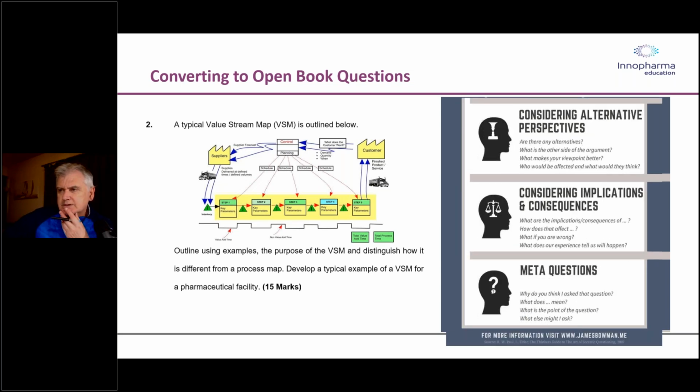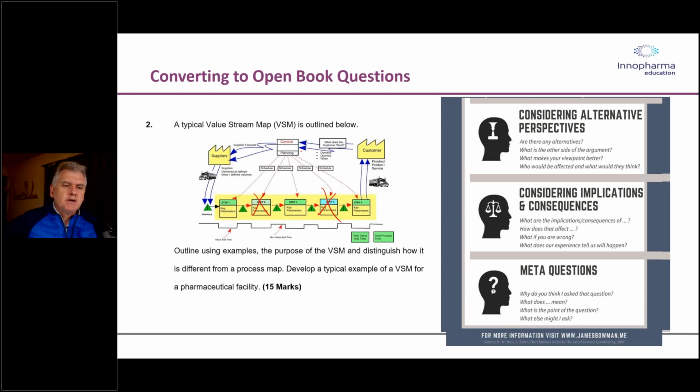Again, let's look at the other questions here. Are there any alternatives? What are the other sides of the argument? You could ask the question around what would be the benefit of using a value stream map in this case? Sometimes you might identify improvements in a couple of areas.